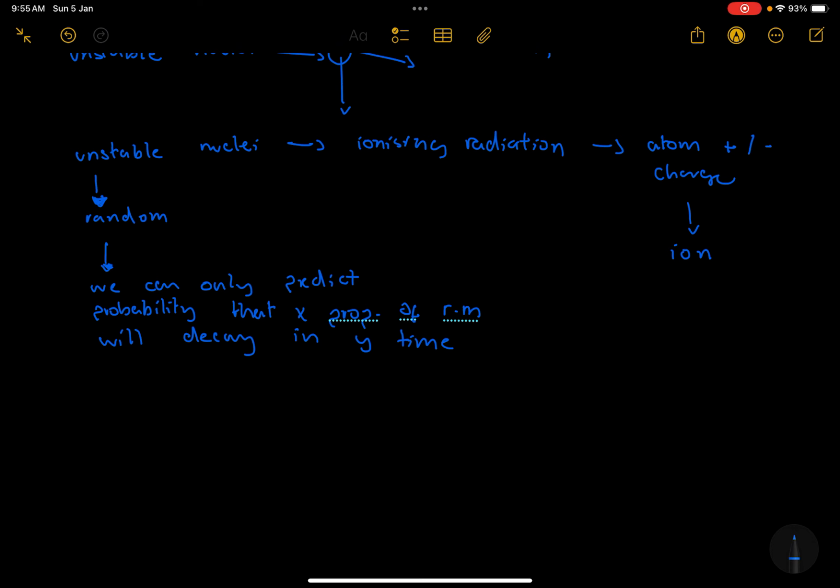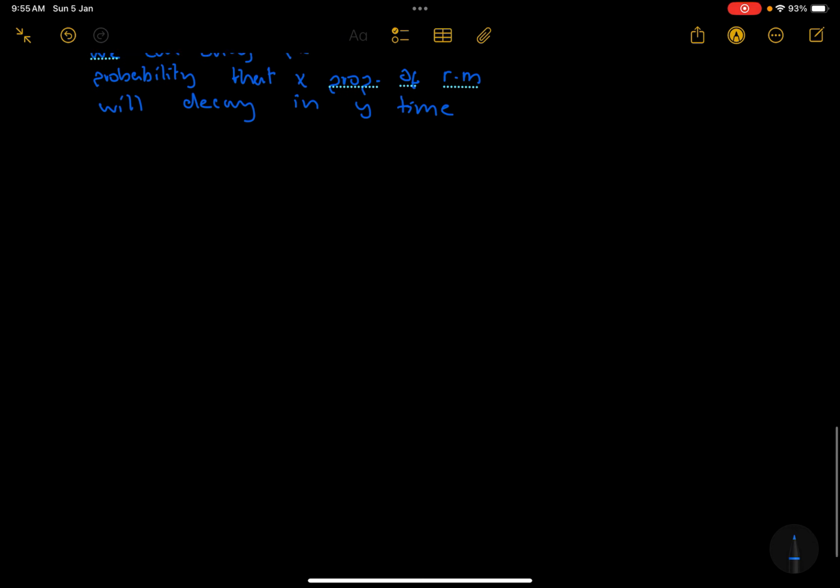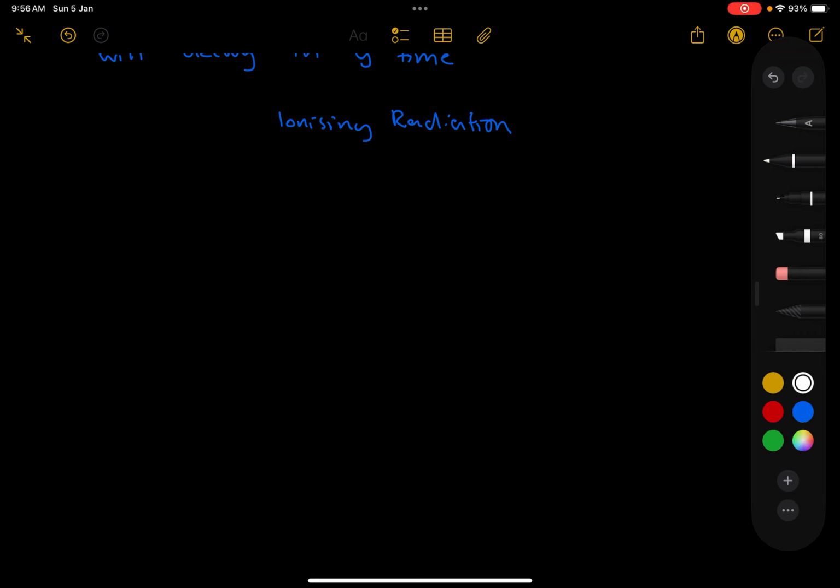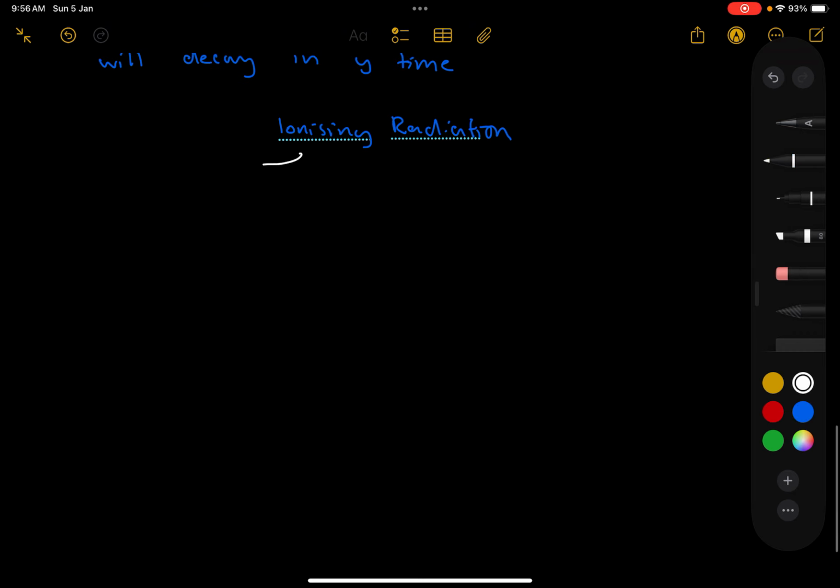Okay. So there are 3 basic types of ionizing radiation. I'm going to use 3 different colors for this.